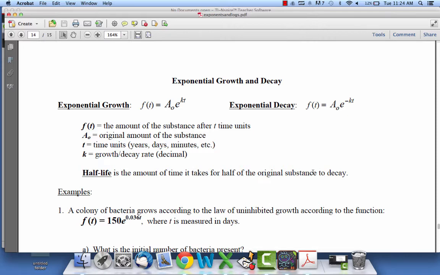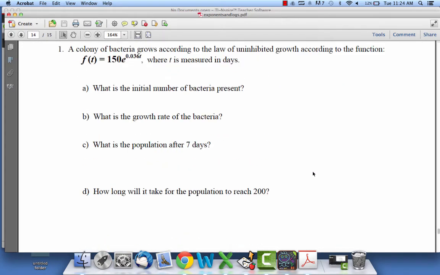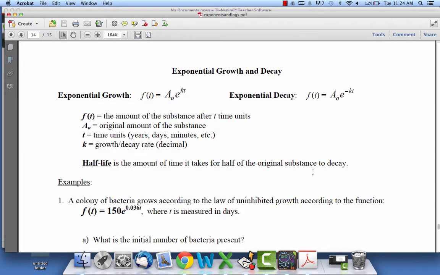Okay, I took a little tiny break there. So exponential growth, you'll notice, looks exactly like the continuously compounding formula, because basically if a population is growing exponentially, it's approximated by continuous compounding.